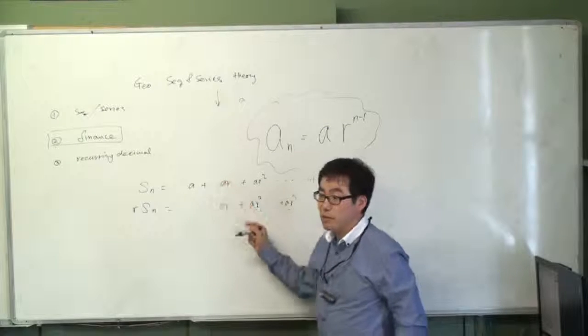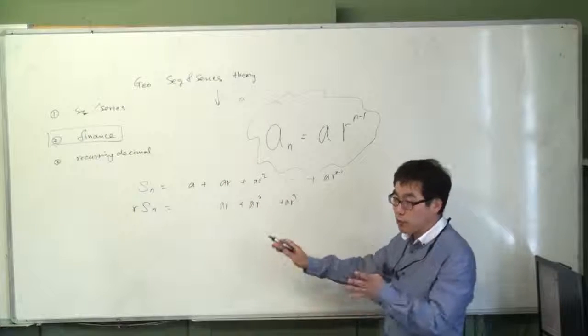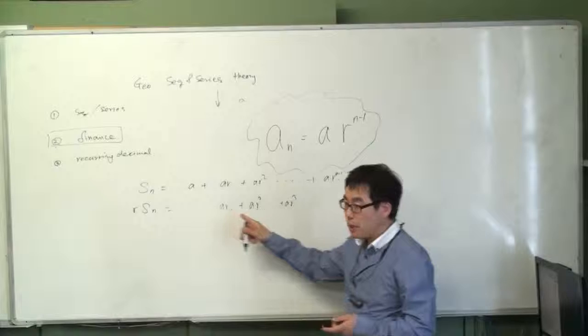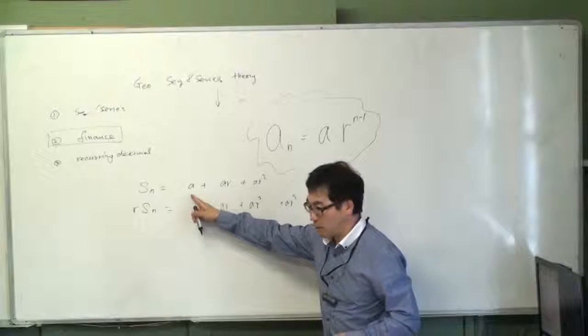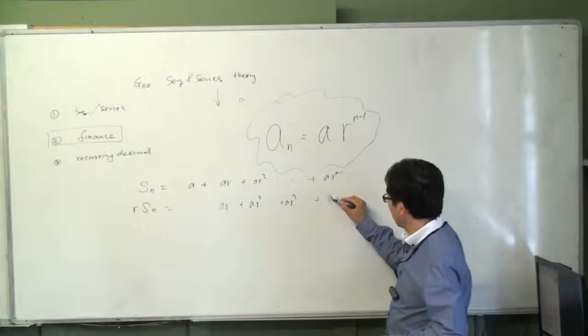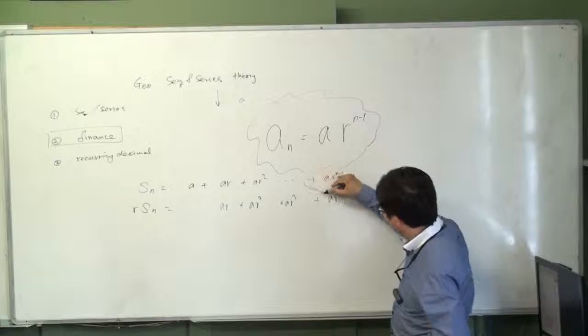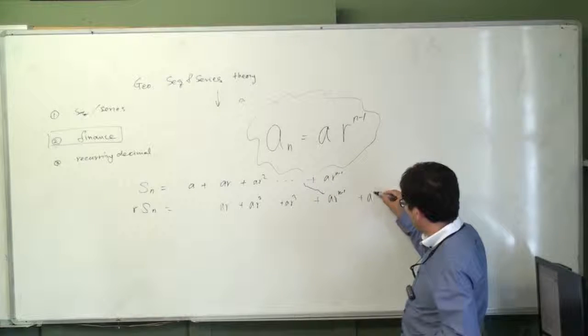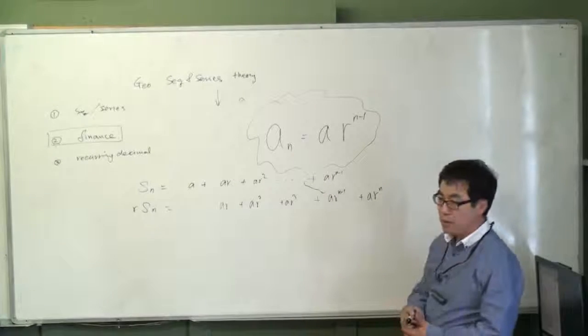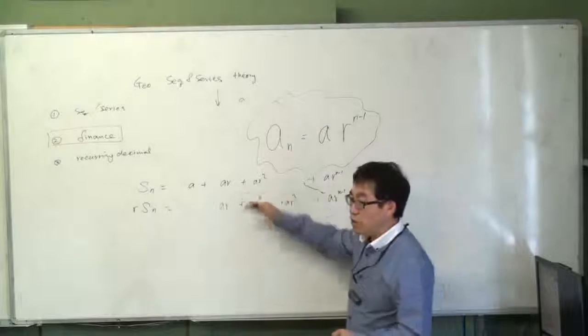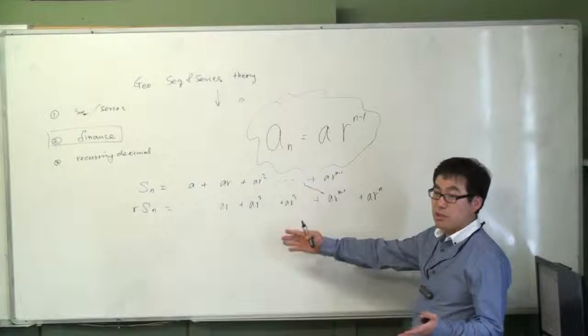So they are basically the same. It's almost the same, except the first term, which they don't have, and the last one becomes ar to the power n. So each term has very much similar terms.